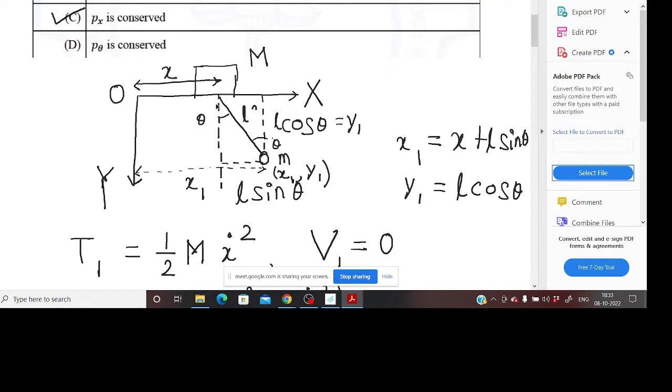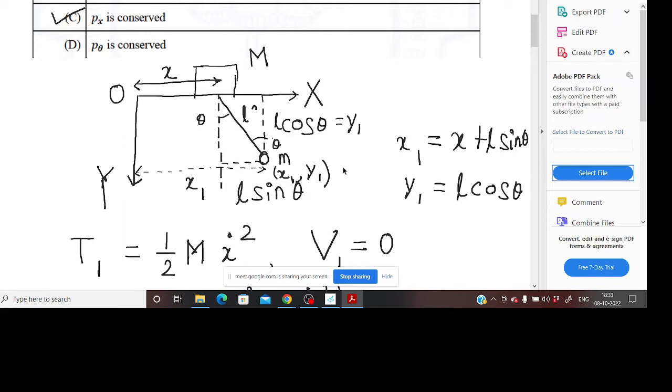The distance of this mass capital M is x from this origin O. And the distance of the mass small m from the mass capital M is L. This is actually a string which is connected from here to the mass small m, and the string is at angle theta with respect to the vertical direction.